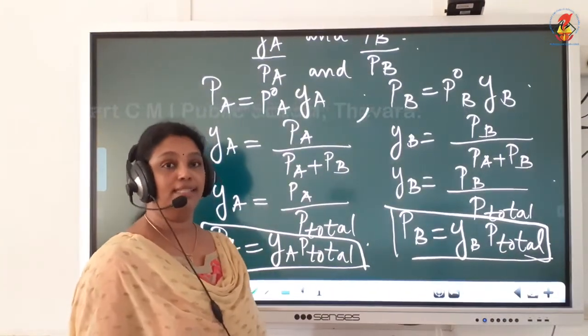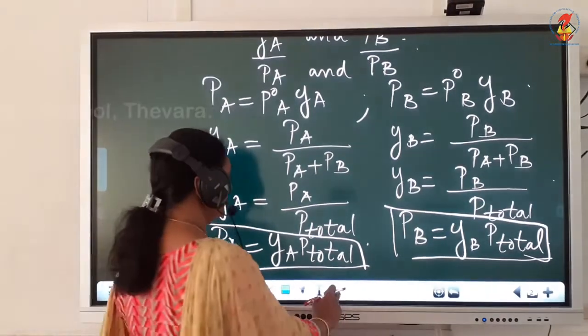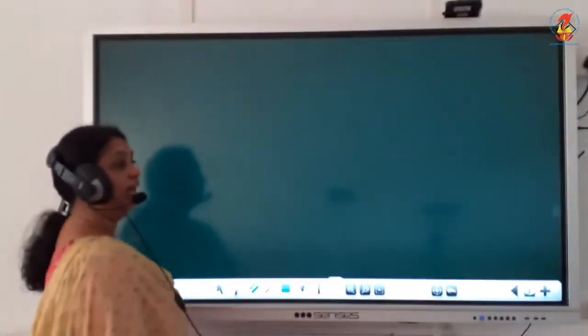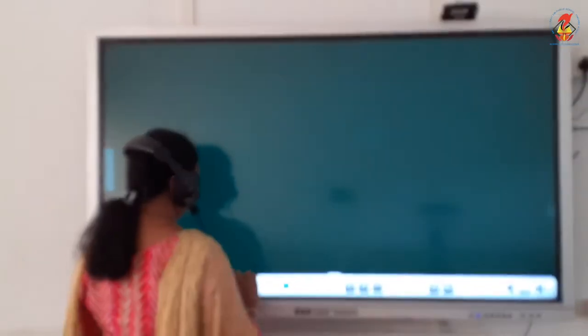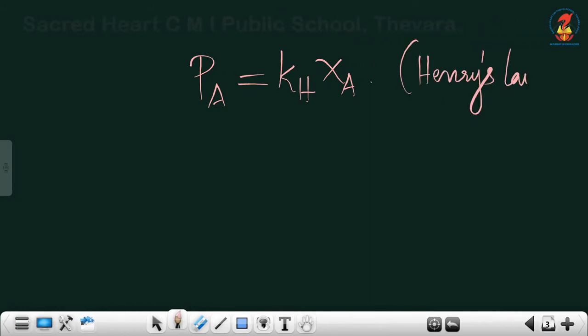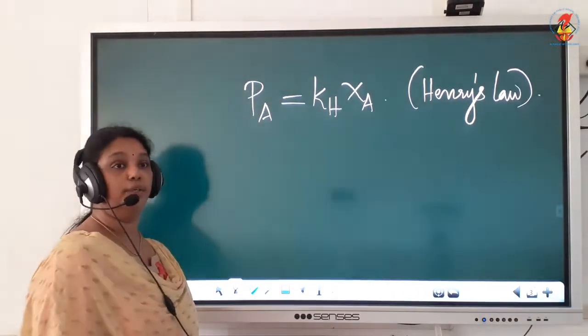Now next let's discuss the similarity and difference between Raoult's law and Henry's law. We know that according to Henry's law, the partial pressure of a gas in vapor phase is directly proportional to mole fraction.